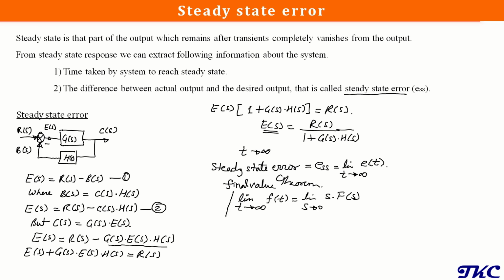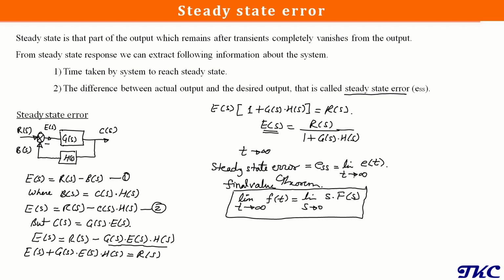This is the statement of the final value theorem that we can use here to find the steady state error from this expression itself. What the theorem says is that the function value at time t infinity will be equal to s into F(s), where s tends to 0. So steady state error in the time domain will be equal to this value.